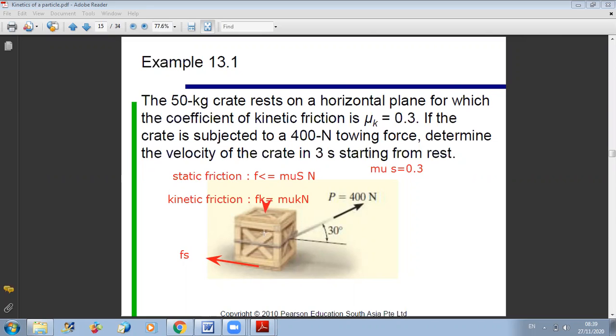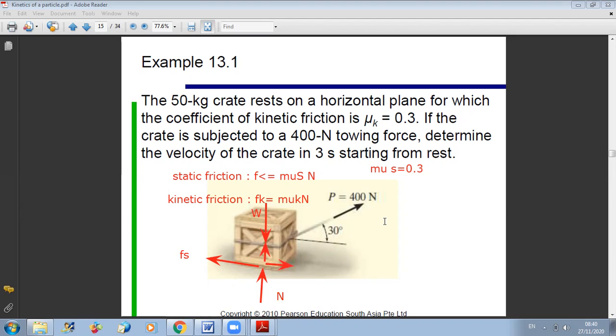I have the weight, W, and I have the normal reaction, N. First, to find the value of N, do I have motion in the Y direction in this problem? No, I only have motion in X.